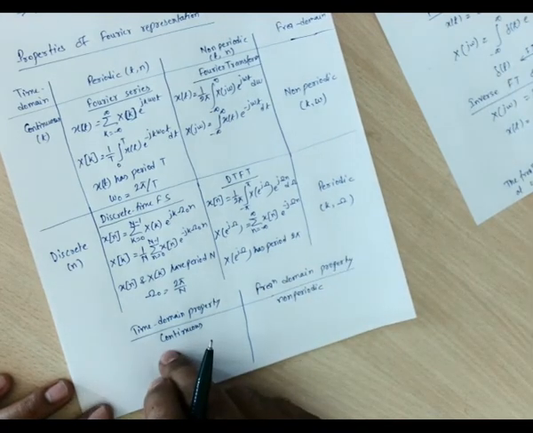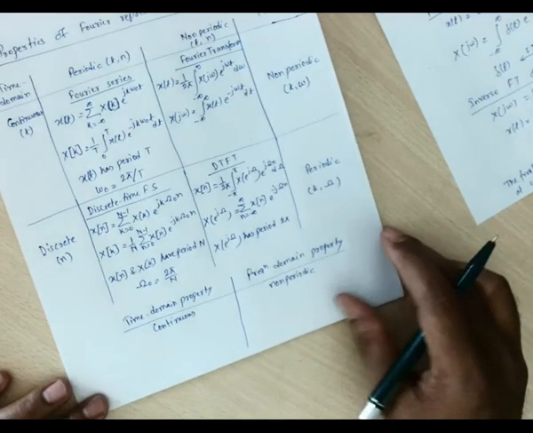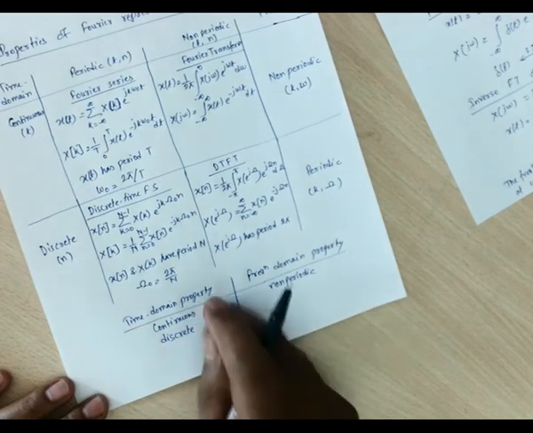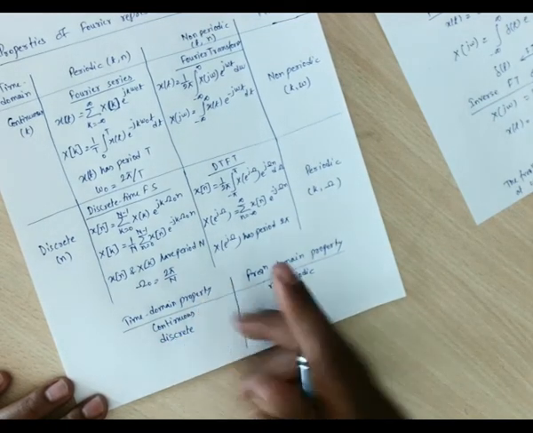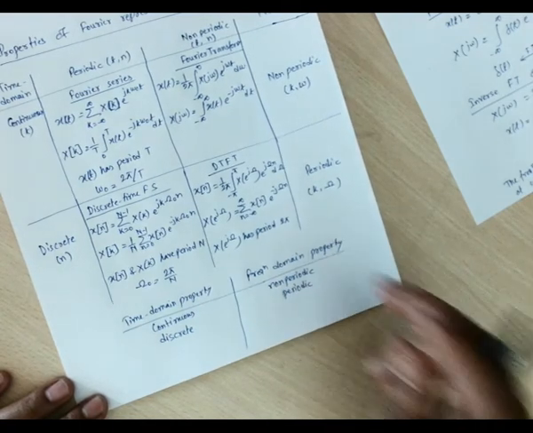Continuous time signal in the time domain will be non-periodic in the frequency domain. Next, a discrete time signal in time domain will be periodic in frequency domain.